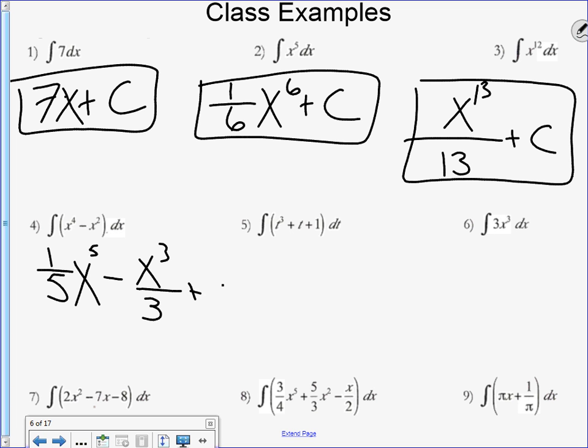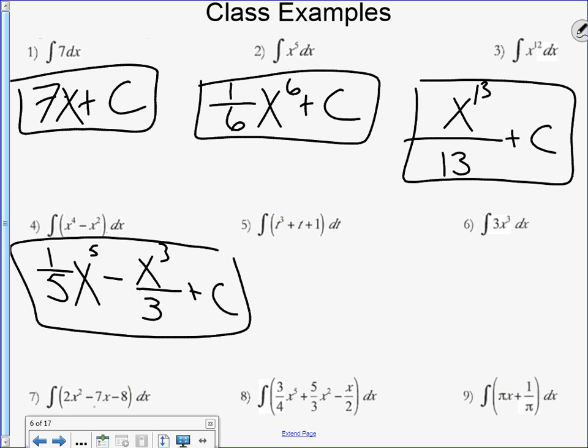Plus c. You just integrate each term separately with addition and subtraction. It's no problem. Yep. Yeah, you just write 1 c, because if suppose I put in like plus c for each, that would add up to some other arbitrary constant. Okay, so that's why you don't even bother.